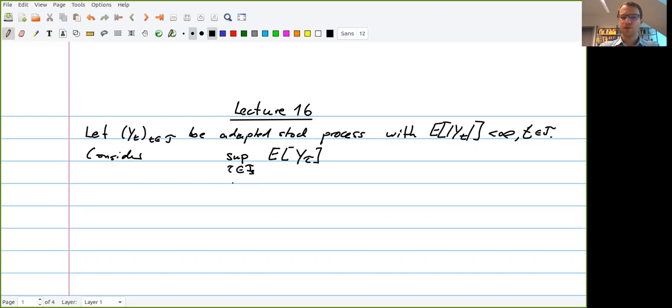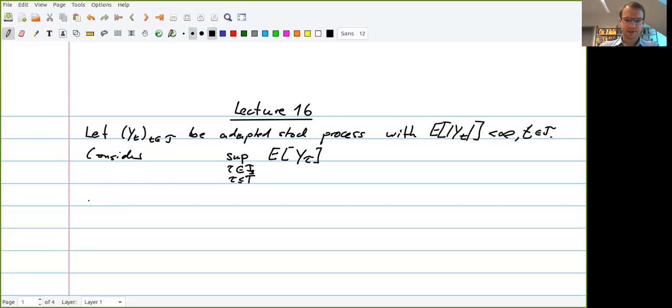We want to maximize among all those stopping times which are bounded by our terminal time T. Recall a stopping time by its definition could take the value infinity, but here we want to exclude this. And then, what is the solution?